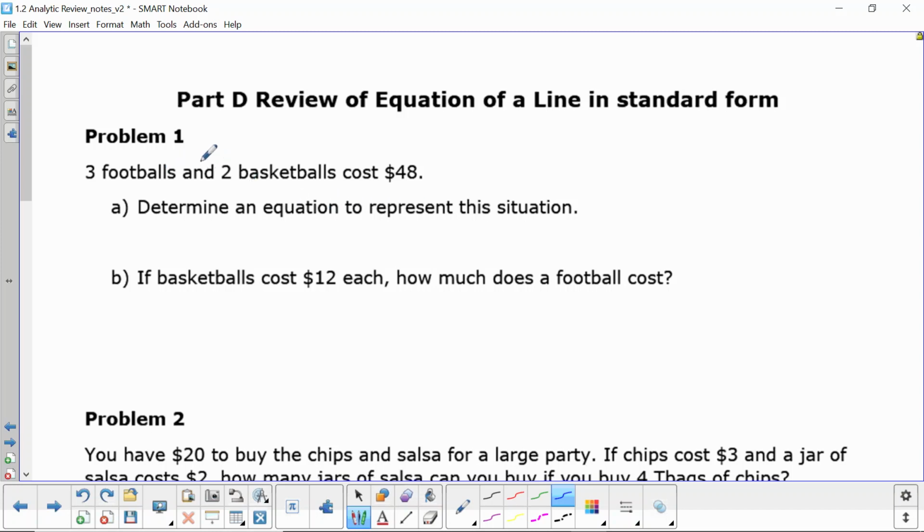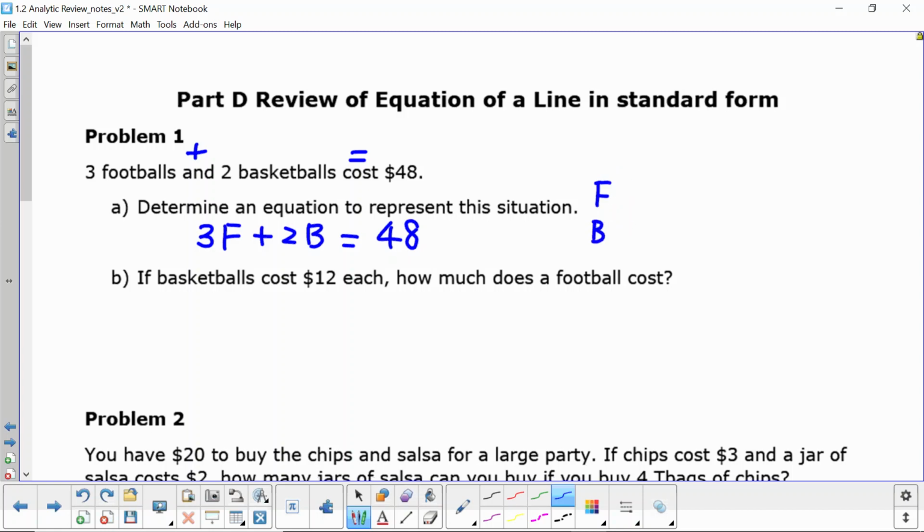So and means plus, cost is equal sign. So 3 footballs plus 2 basketballs equals $48.